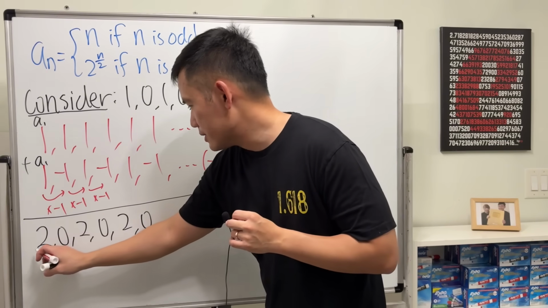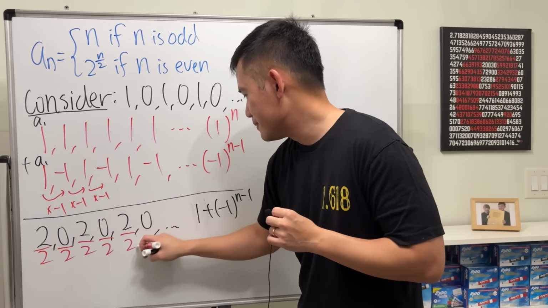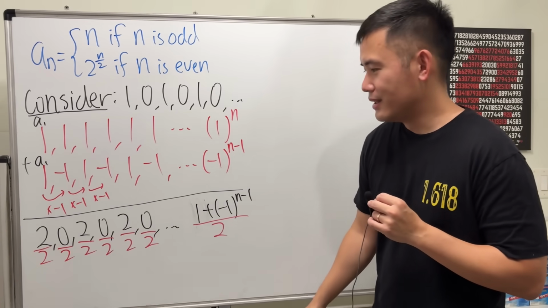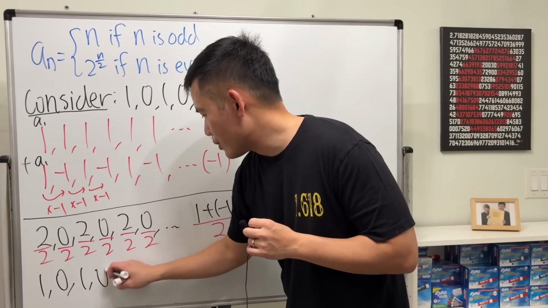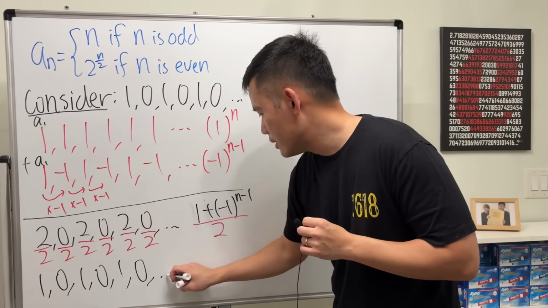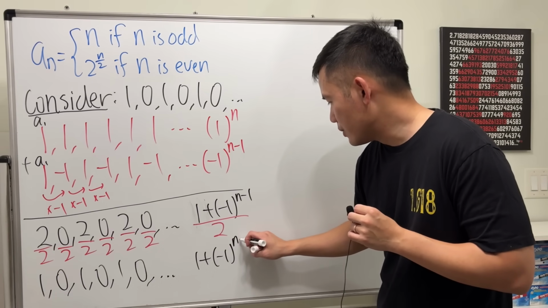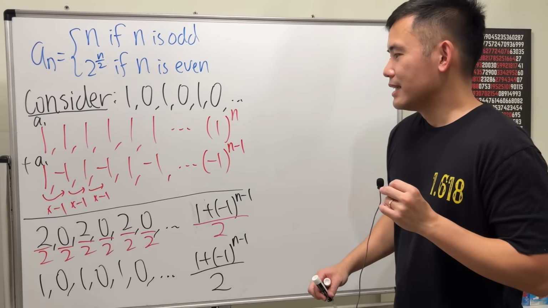So all I have to do is divide everybody by 2. So the formula for 1, 0, 1, 0, 1, 0, 1, 0 is just 1 plus negative 1 to the n minus 1 power, over 2. Alright, keep that in mind.